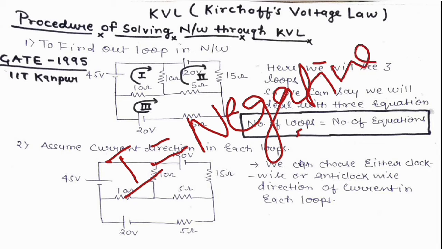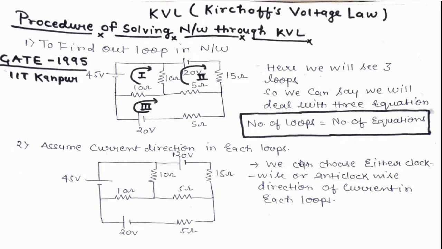So don't worry about what direction you choose, either clockwise or anti-clockwise, it doesn't affect your result. If you choose the wrong current direction, you will only get a negative current, which means the direction we assumed turned out to be wrong.